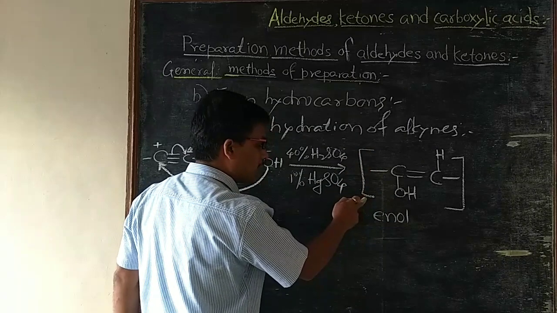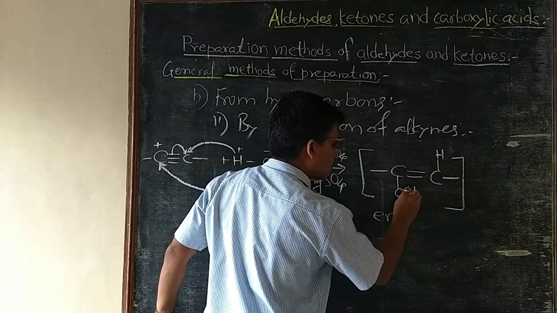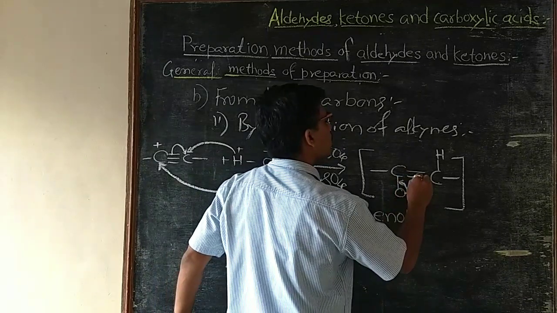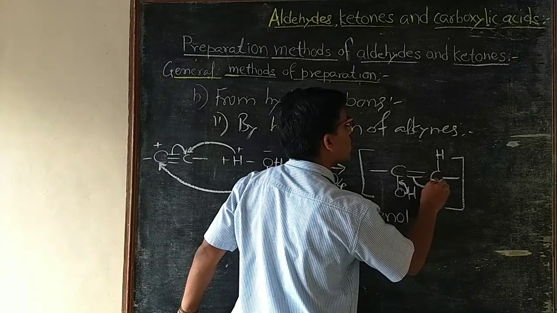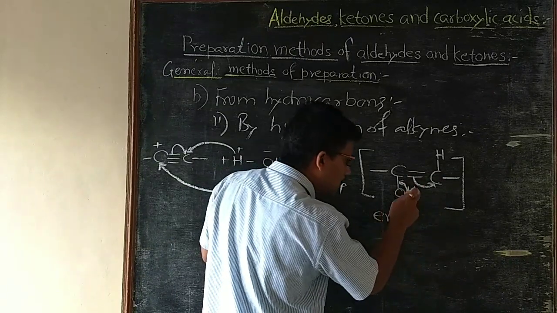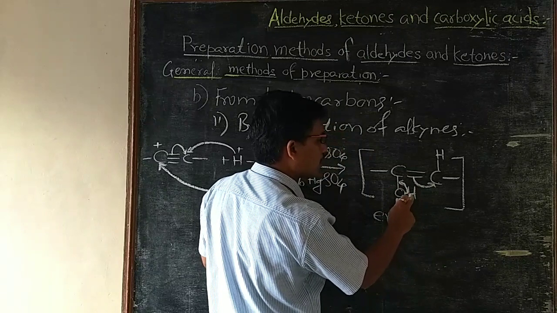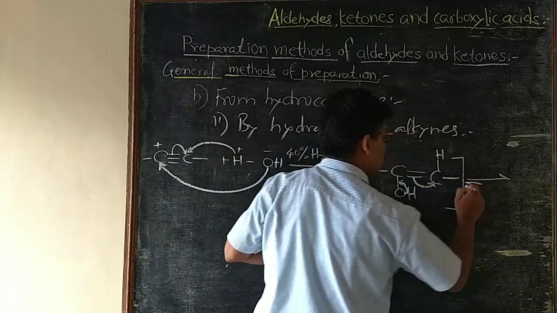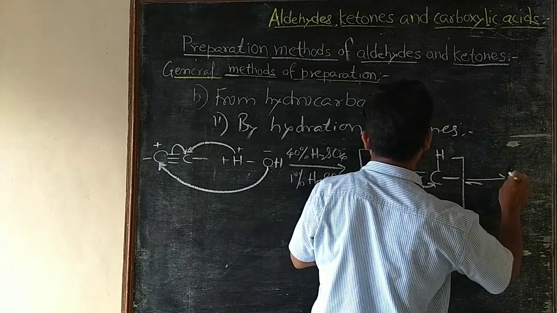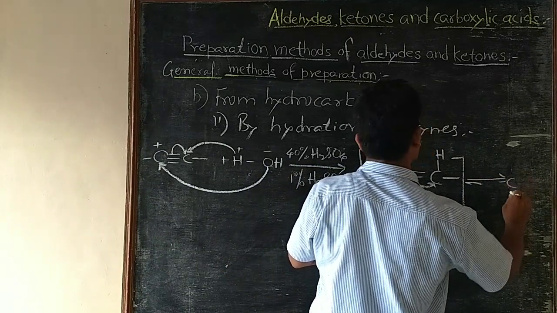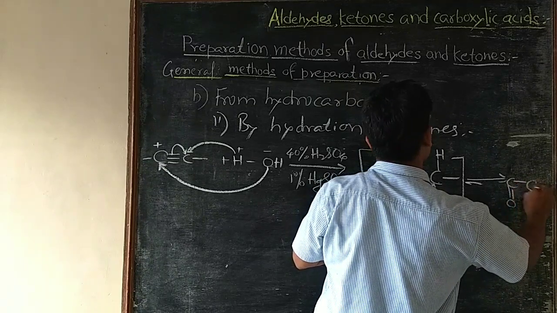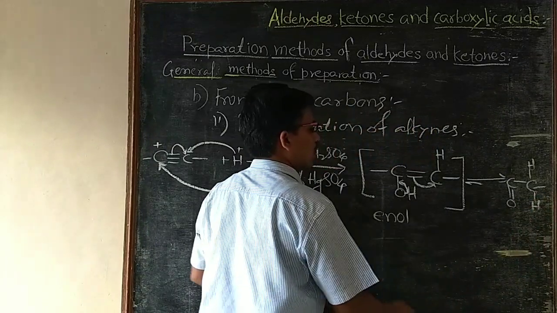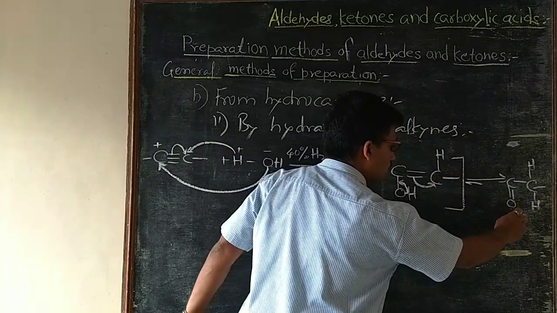It is unstable, therefore this electron pair from between hydrogen and oxygen goes to this, then this pi electron pair goes to this carbon atom, therefore this hydrogen in the form of H plus goes to this carbon atom, then forms its stable product, that is double bond O, H and H, that is to form aldehyde or ketone.